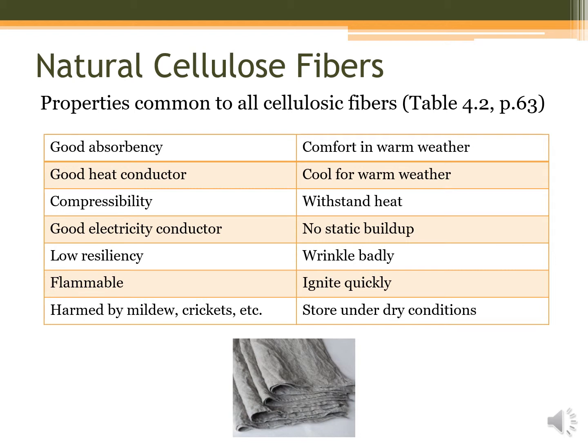They also are good electricity conductors, so there's very little static when you purchase natural cellulose fibers. But on the flip side, they can wrinkle badly, for example linen, which tends to be one of those very wrinkly fabrics. So those are some things to consider about those properties, both good and bad. Again, please take the time to look at page 63, where you will see the full table.